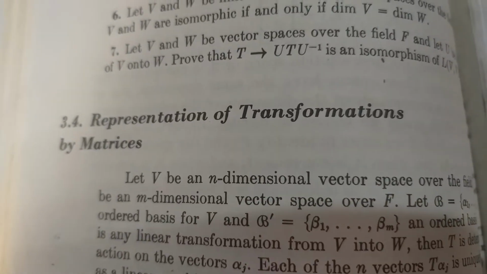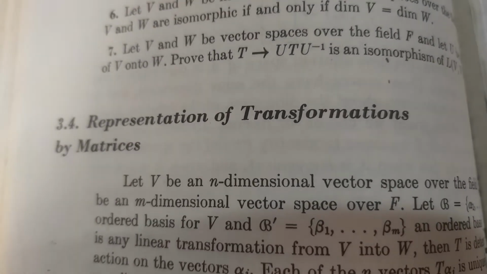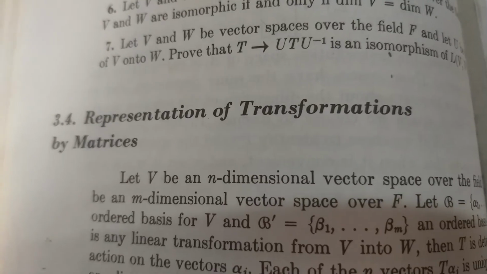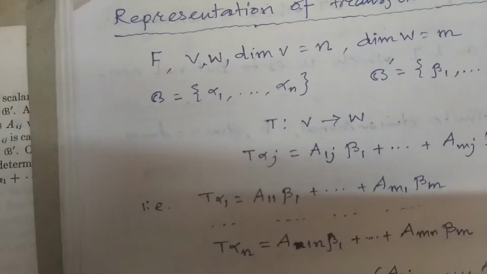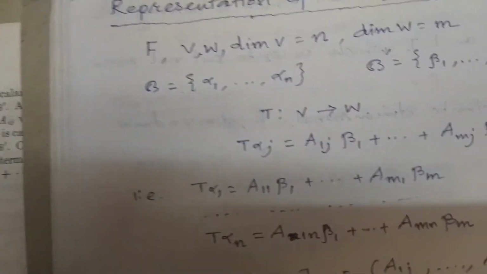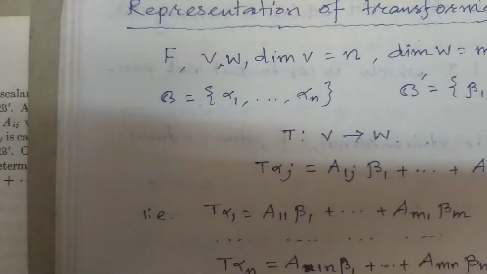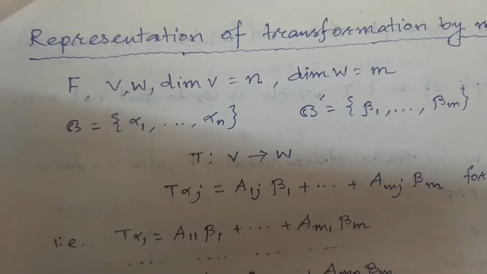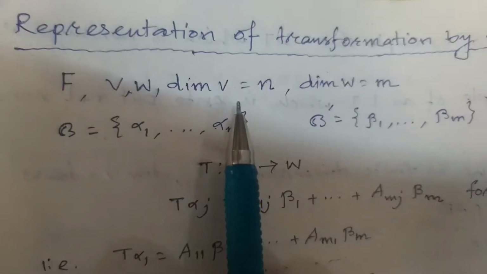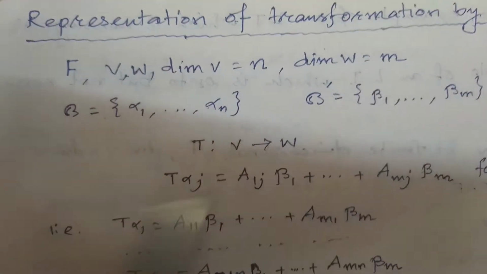Today we will discuss the representation of transformations by matrices. Suppose F is a field, and V and W are two finite dimensional vector spaces such that dimension of V equals n and dimension of W is m.